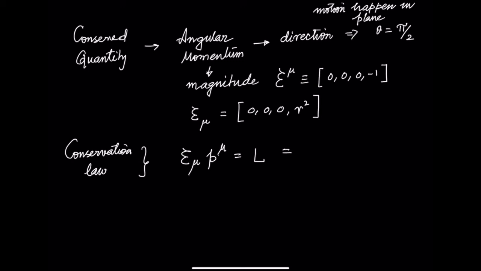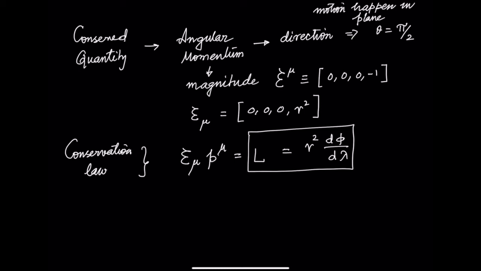And what is this? This is r square, and p mu is nothing but d phi d lambda. So r square d phi d lambda is L. So wherever I see d phi d lambda, I can now substitute that with L over r square.